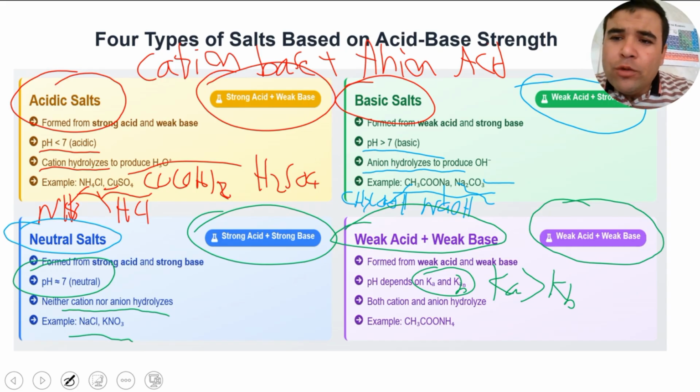If Kb is more than Ka, it's basic. If they are equal, it's neutral, but it undergoes both cation and anion hydrolysis. An example is CH3COO NH4. CH3COO comes from acetic acid, and NH4 from ammonia, guys.